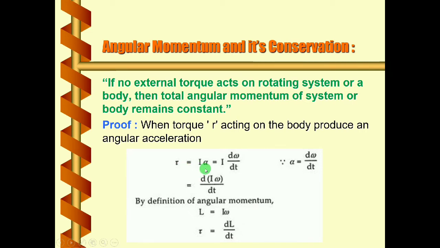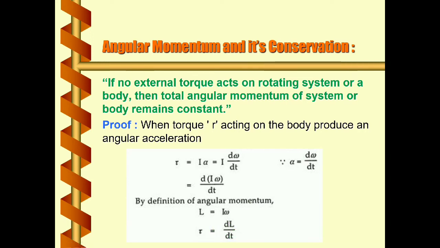Alpha is the angular acceleration, and I is the moment of inertia. Angular acceleration is the rate of change of angular velocity with time, so d omega by dt. Taking the derivative outside, d by dt of I omega. This I omega is nothing but the angular momentum, as we just derived. So tau equal to dL by dt.